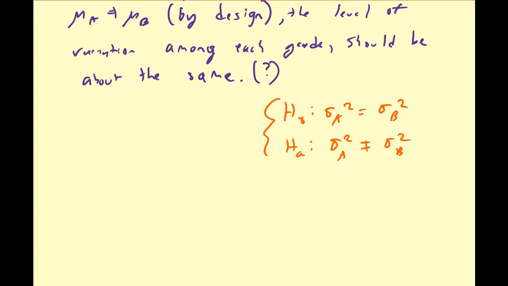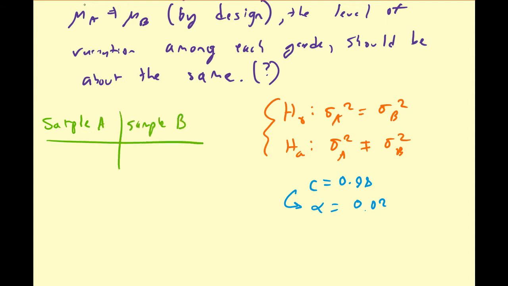Let's assume we want to operate under a 98% level of confidence, forcing our statistical significance to be 0.02. Let's assume we go out and gather a sample from A and a sample from B. So sample A and sample B. Let's assume sample A is going to be 48.